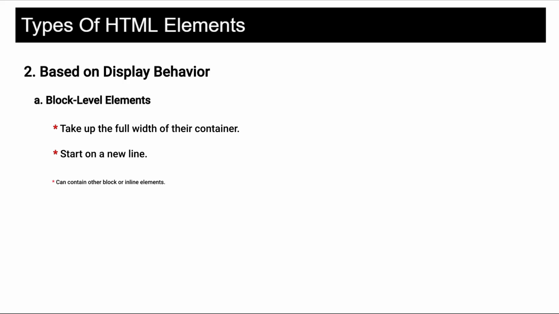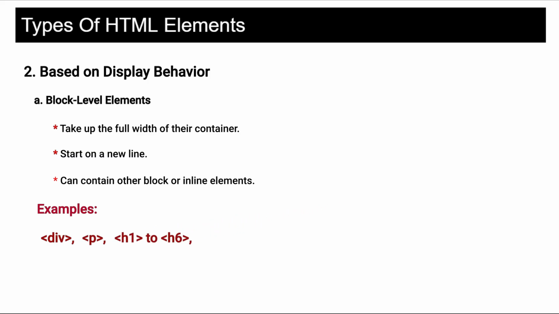Can also contain other block or inline elements. So examples of these ones are the div tag, the paragraph tag, the H1 to H6 tags, the section, the article tags, and so on. So these tags stay on the line alone. They don't share their line with anyone. They take the full width.